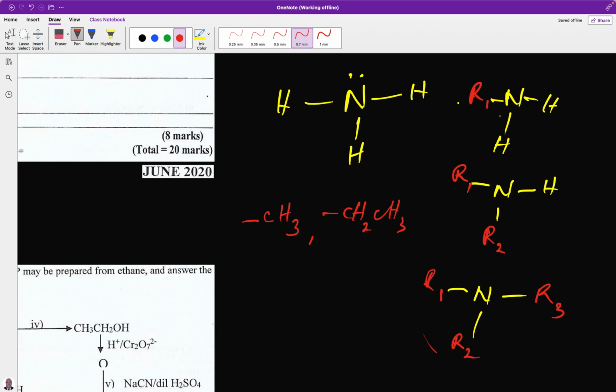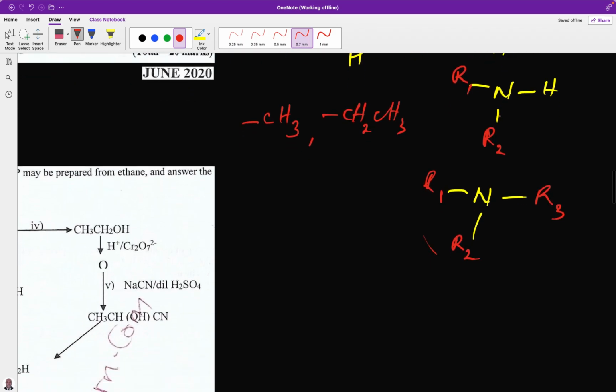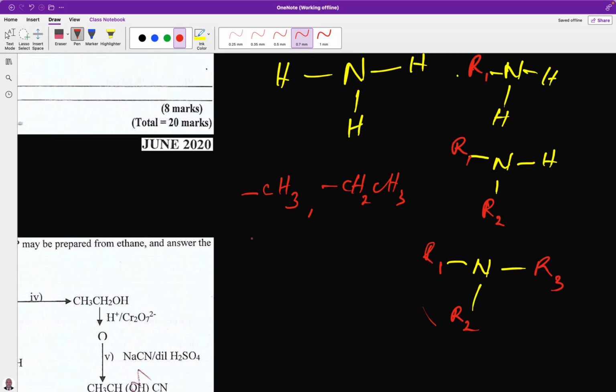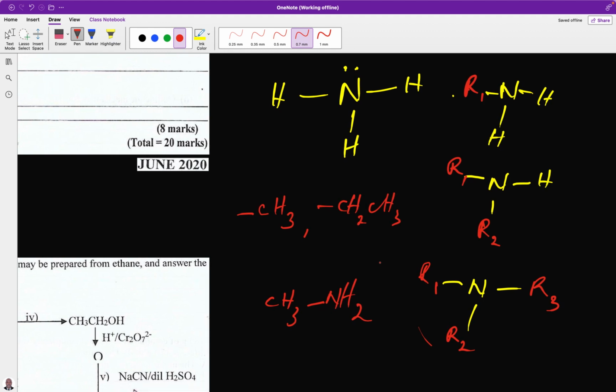An example of this: if we substitute this hydrogen by a methyl group, we will have NH2, and we call it methylamine.